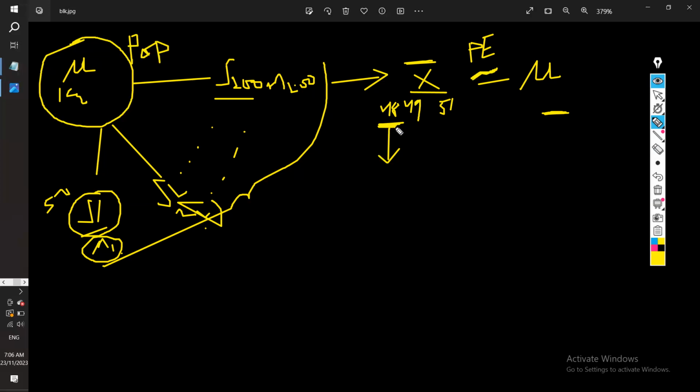Now once we know this 48, I will assume that the actual population mean is somewhere near this 48. I don't know where, but it is somewhere near. It might be greater than this, less than this, very near, or somewhere far, but it will be somewhere around this 48. My goal is to find that out.